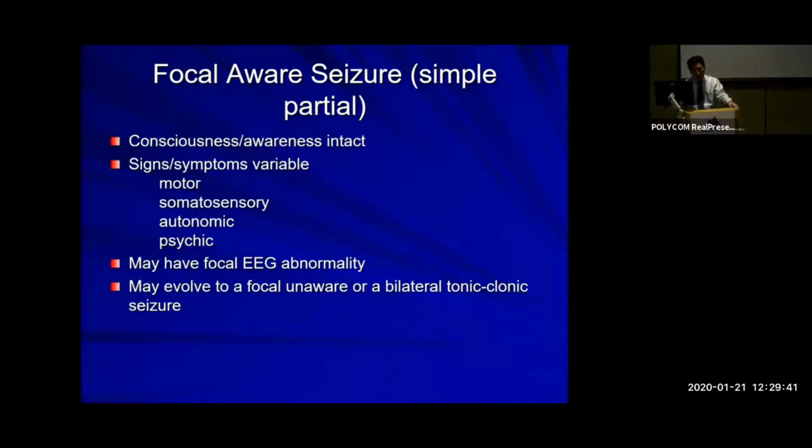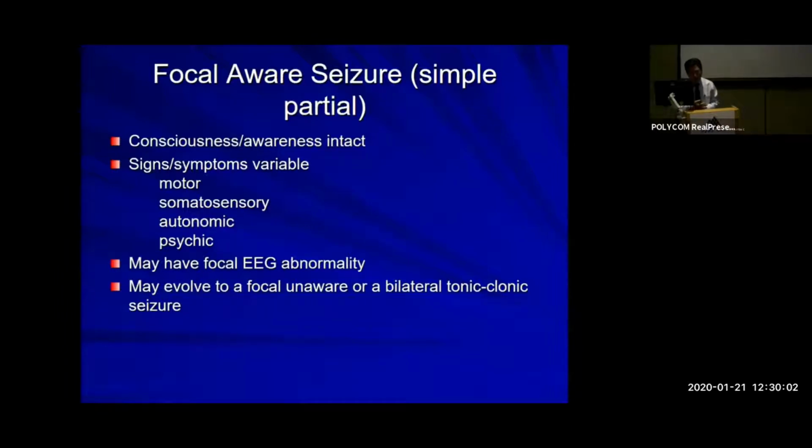So because of that, if you were to do an EEG during a focal aware seizure, the scalp EEG may be normal because the discharge is so confined and so small, the scalp electrode may not be able to pick up that discharge. If you had electrodes directly in the brain or on the brain surface, then you would pick it up, sure.